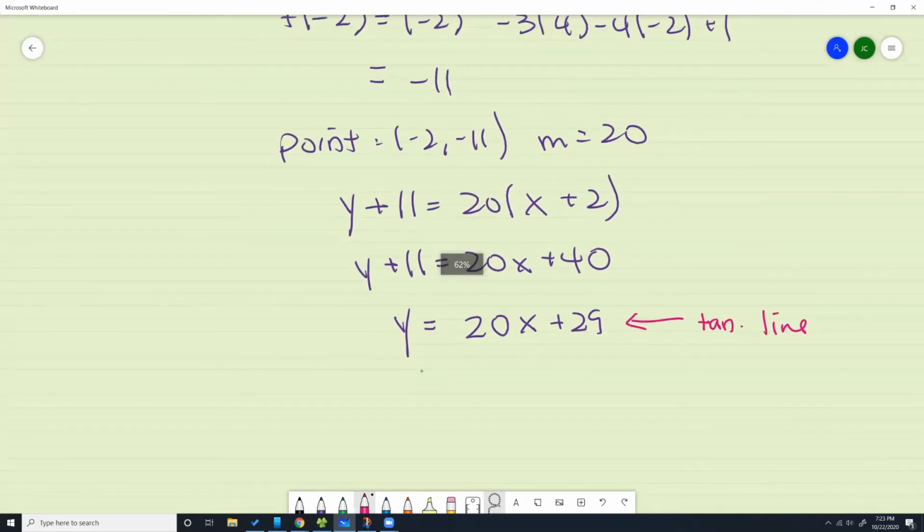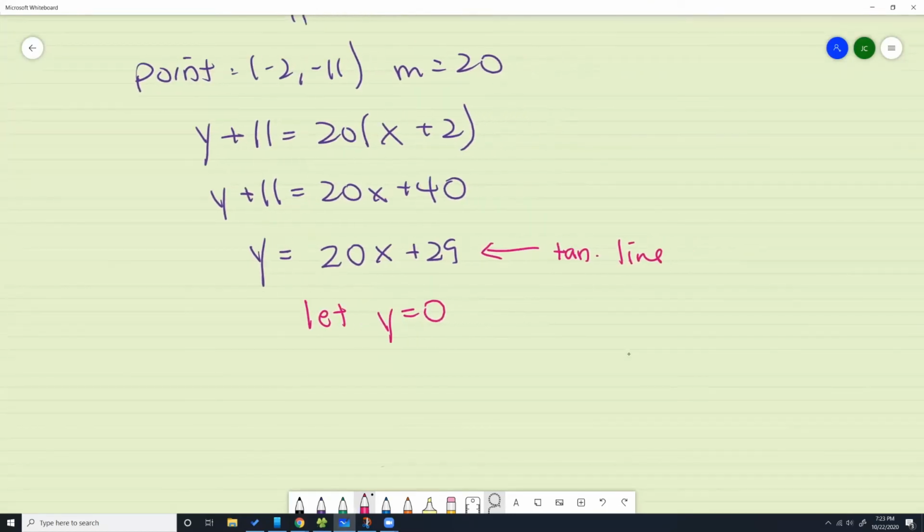So you just let y equal 0 and solve for x. So then x equals -29 over 20, and use a calculator.